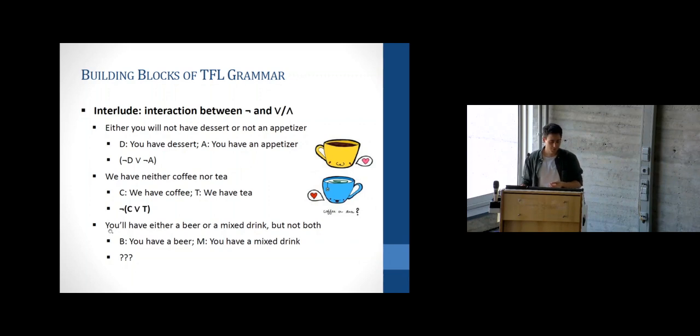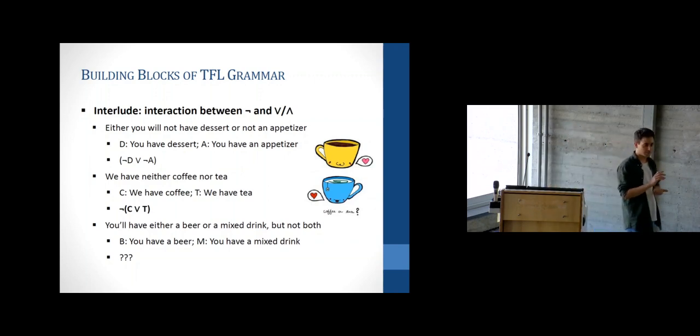Now, if someone says that you will have either beer or a mixed drink, but not both. Remember, we talked about exclusive or inclusive or. When we say not both, what do we indicate? It's an exclusive or in English, right? I'm saying you either have this or that, but not both.